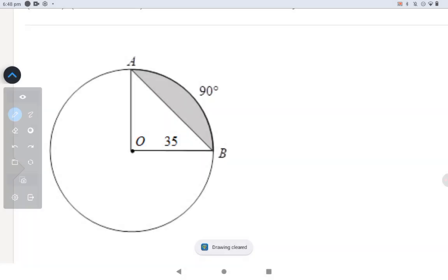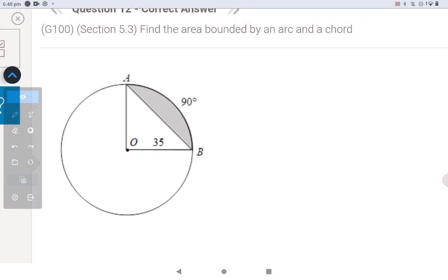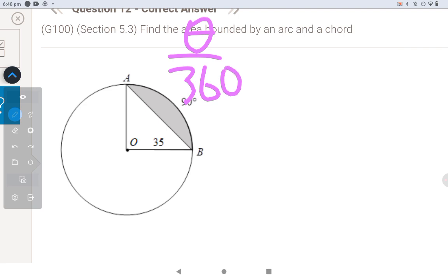Okay, let's start. Area of sector, what do we have? We know that area of sector, the rule is theta over 360 times pi r squared, minus, remember, the area of a triangle is height times base over 2.